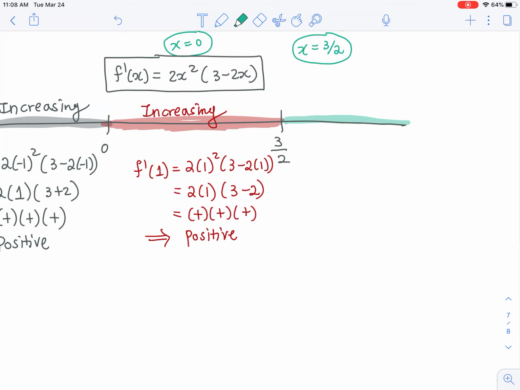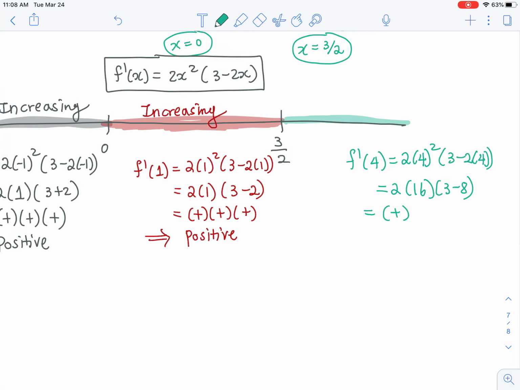Last one, I just need something greater than 3/2. So let me plug in 4 this time. If I plug in 4, just a random big number, I'm going to get 2 times 4 squared times 3 minus 2 times 4. That is 2 times positive 16 times 3 minus 8.